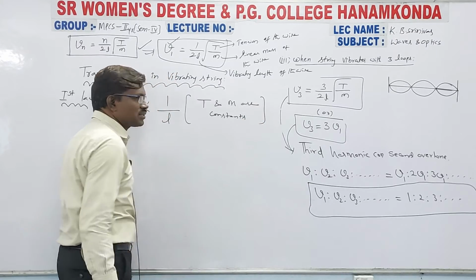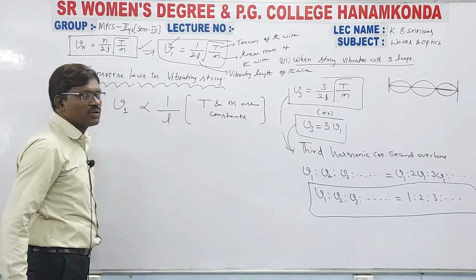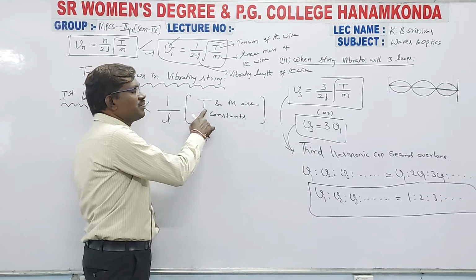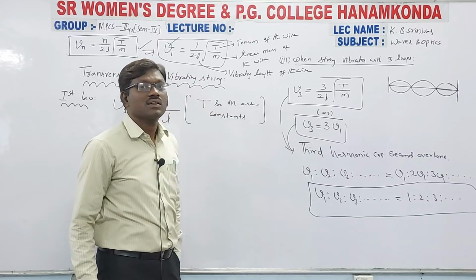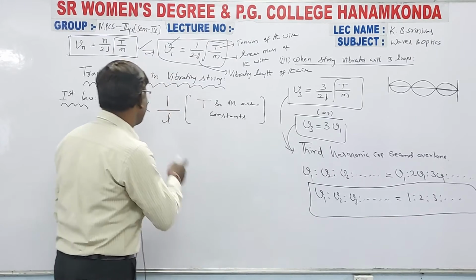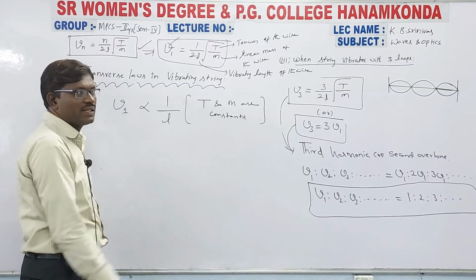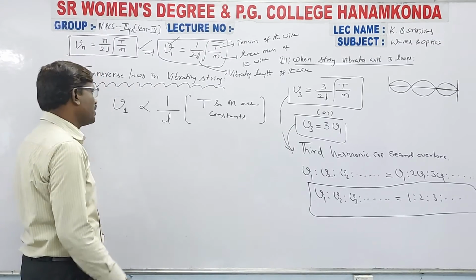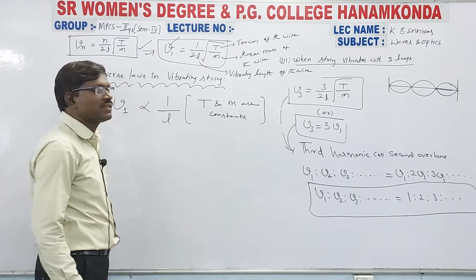First transverse law. To verify the first transverse law, we have to keep the tension of the wire and the linear mass density of the wire constant. Simply by changing frequency, you can calculate the corresponding vibrating length. So finally we can verify the relationship between the frequency of the wire and the length of the wire.